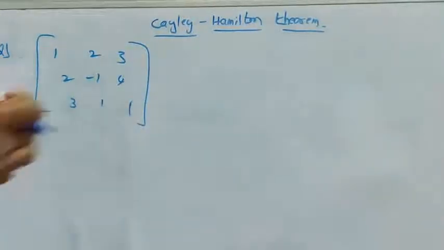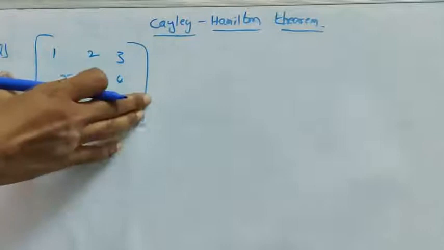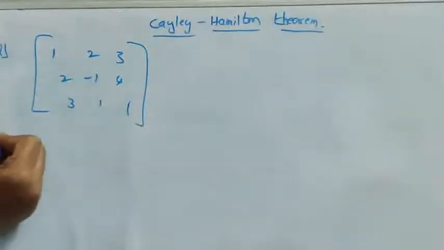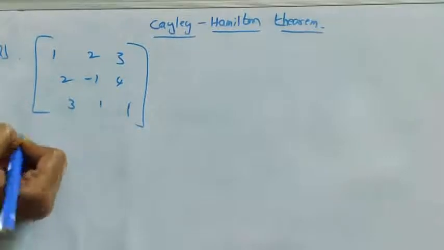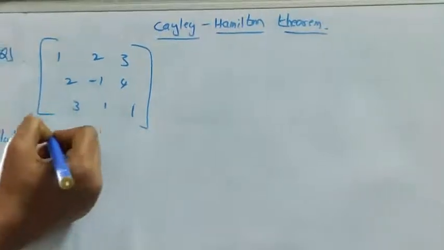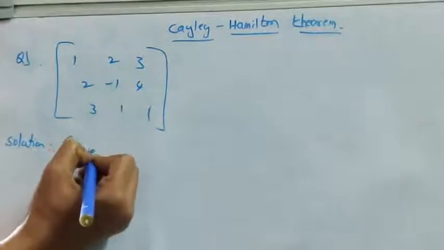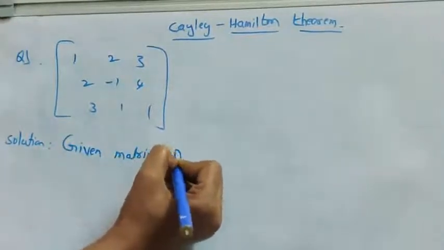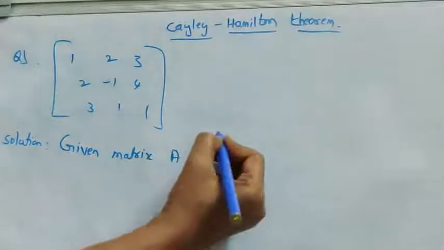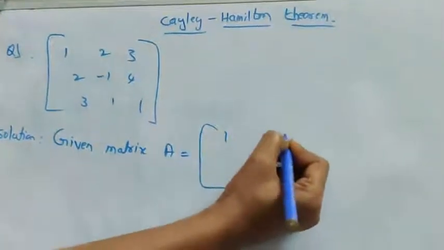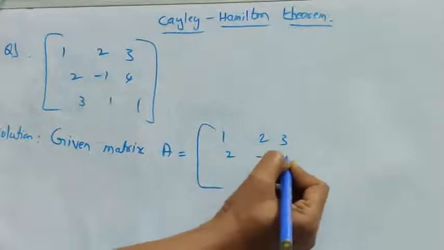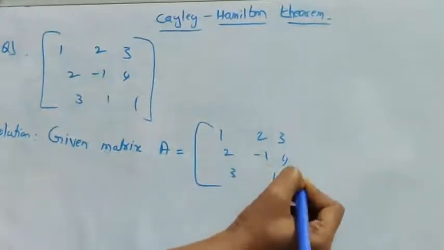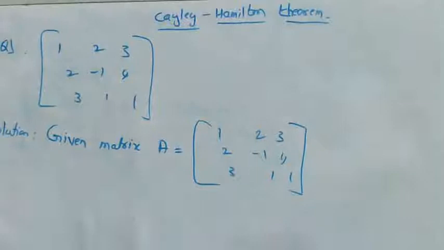So coming to the solution. Consider the given matrix. Let the given matrix be A, which is 1, 2, 3, 2, -1, 4, 3, 1, 1.